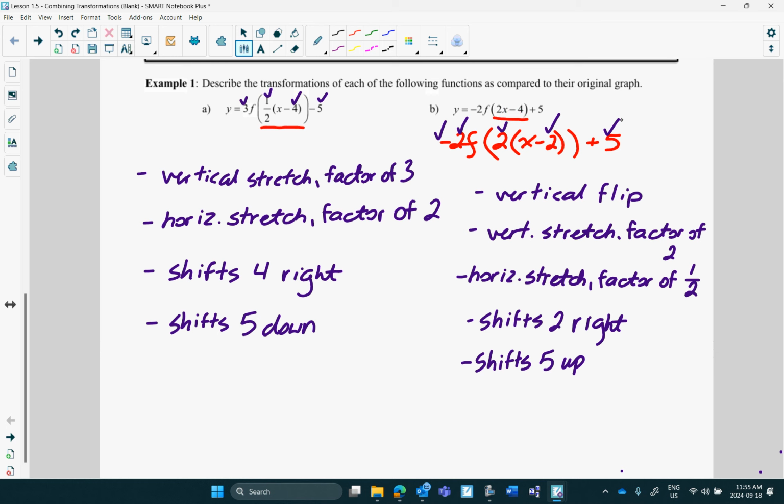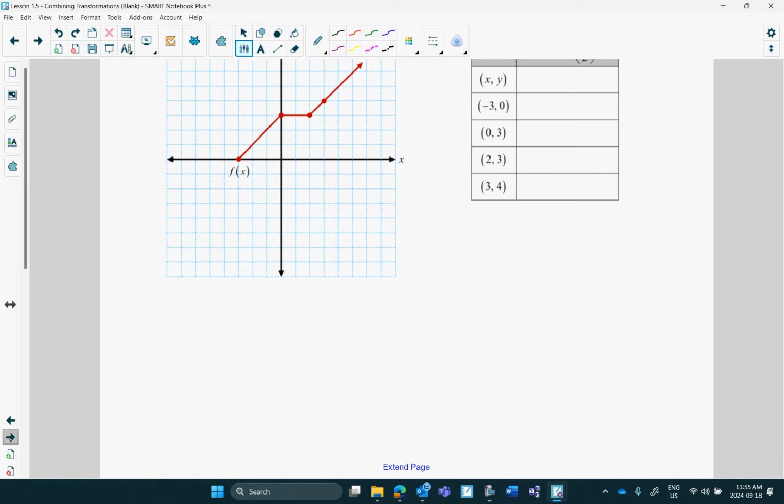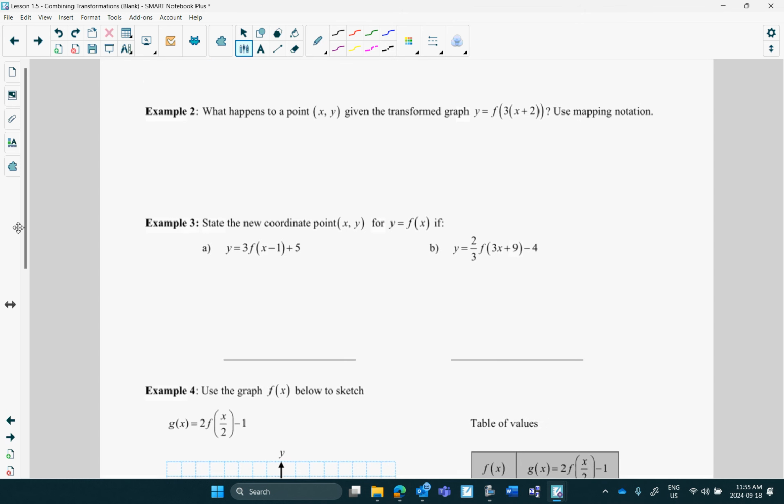Okay, so that's one way you might be asked a transformation question: given a transformation equation, describe what's happening in words. Another way you could be asked: find the mapping notation formula.